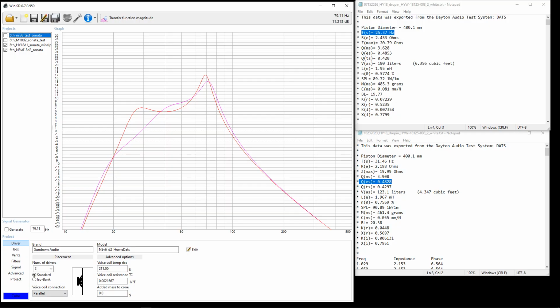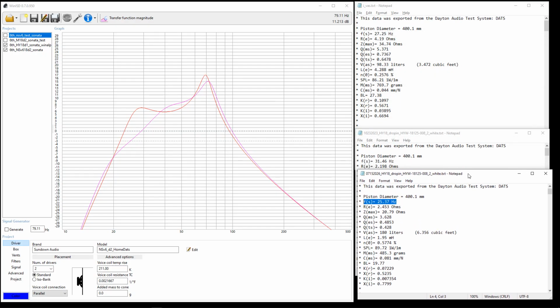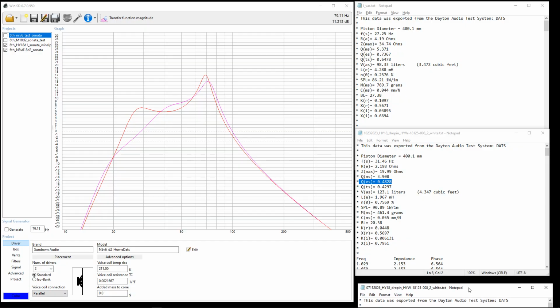But I'd like to ask a question before I proceed and ask if anybody has ever purchased Sundown's subwoofers and pulled their own parameters using DATS version 2 and had discrepancies, because that's what I encountered. So let me see if I can drop this down.